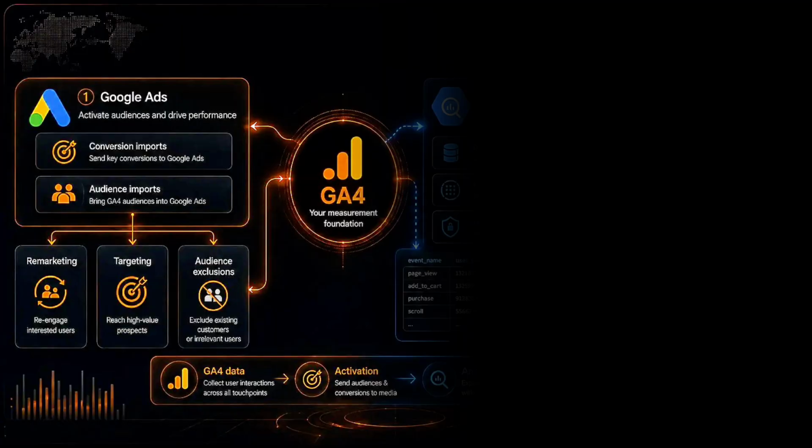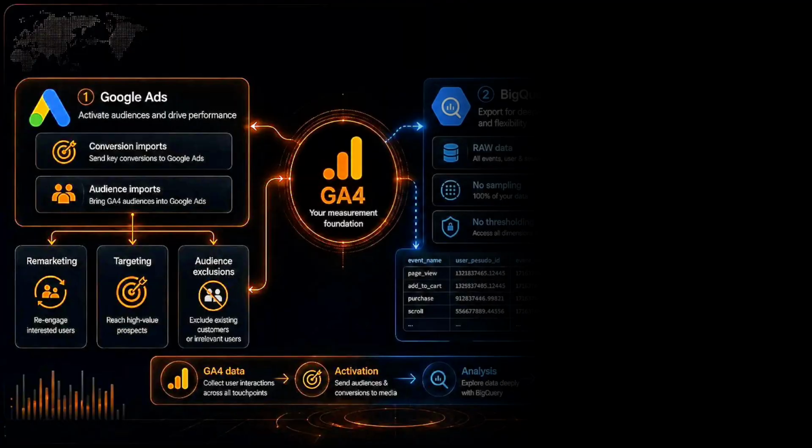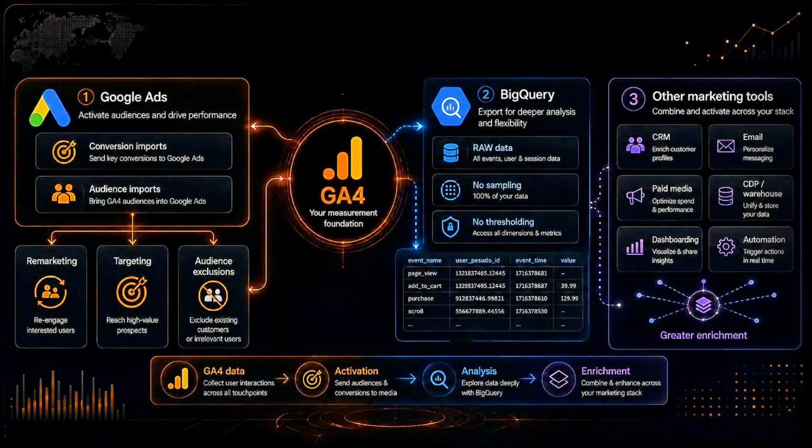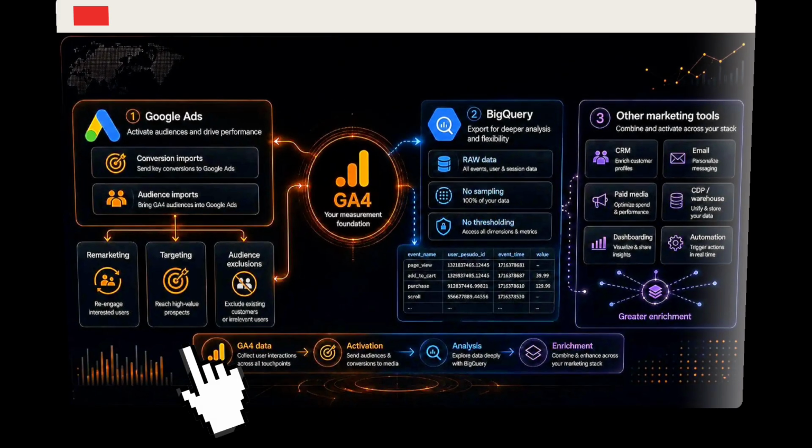It also connects into the wider Google ecosystem, including Google Ads for audience and conversion imports, as well as BigQuery, so you can take more control over your data. You can also bring in campaign data from non-Google platforms, such as Meta Ads cost, click, and impression data.